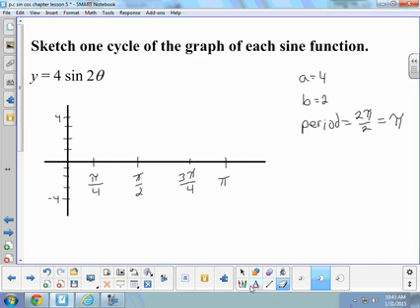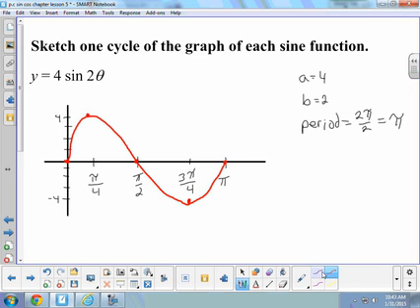So now we've got all the important stuff. Let's go ahead and graph it. So 0, max, 0, min, 0. And there's one cycle.